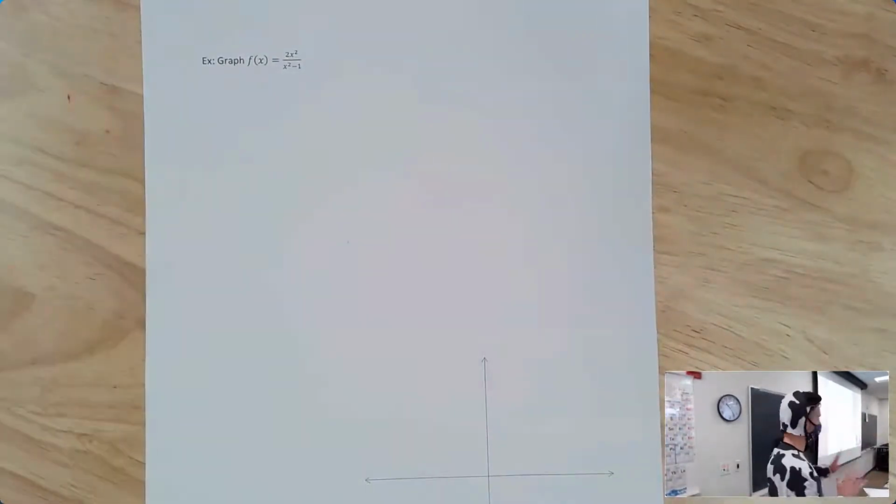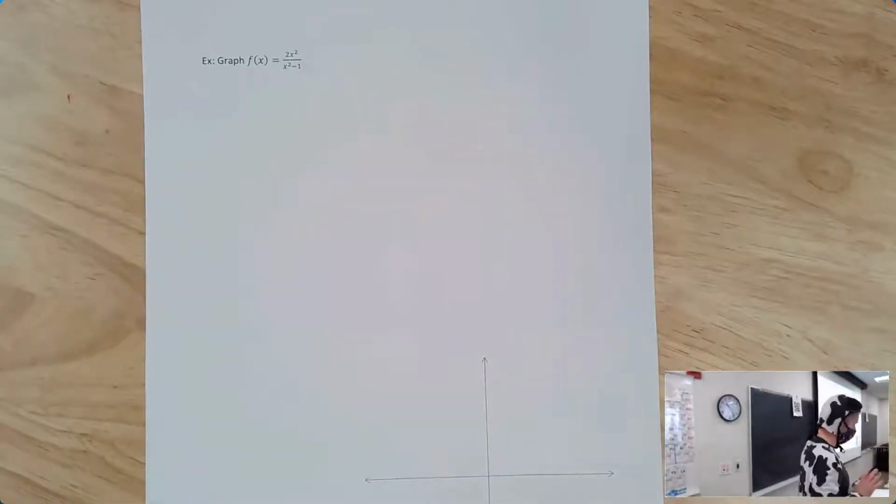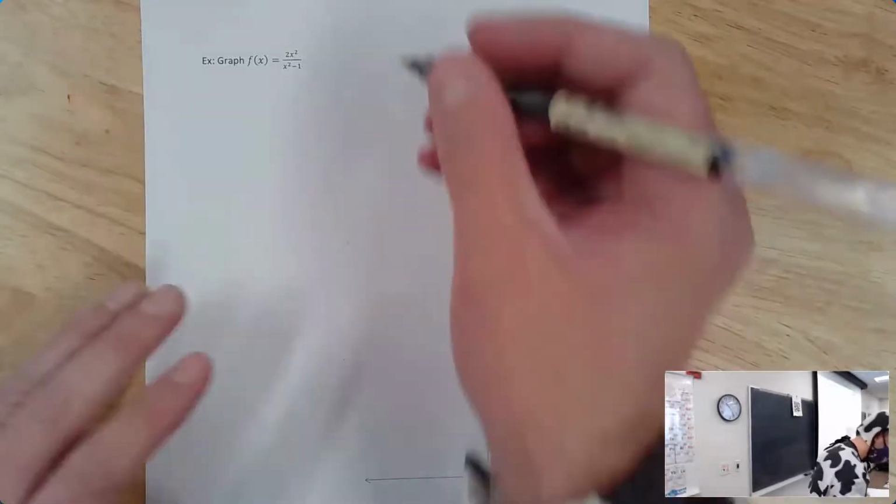All right. So we're going to graph this and we're going to use the same process. I'm going to find x-intercepts, y-intercepts, vertical asymptotes, horizontal asymptotes. And it's also worth observing here that this function happens to be even. We could totally check it, right?